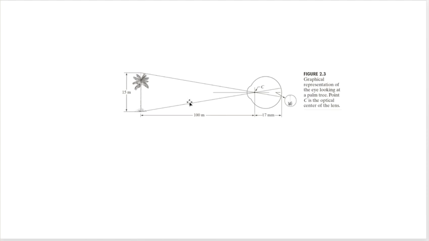All right. So you could see from these similar triangles, right? So how would I find out how big the image on the back of my eye is from this? Take a second, think, let me know.